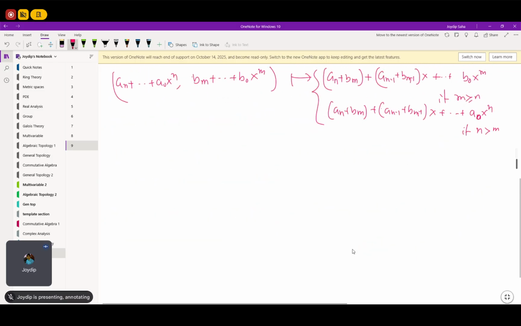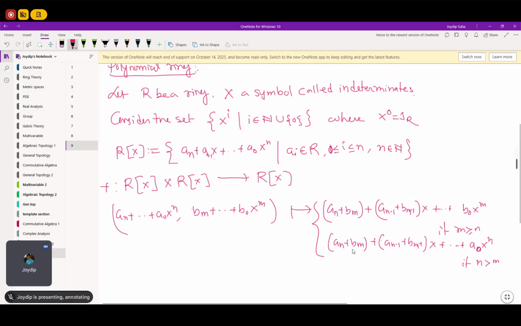And obviously the product is like the Cauchy product.